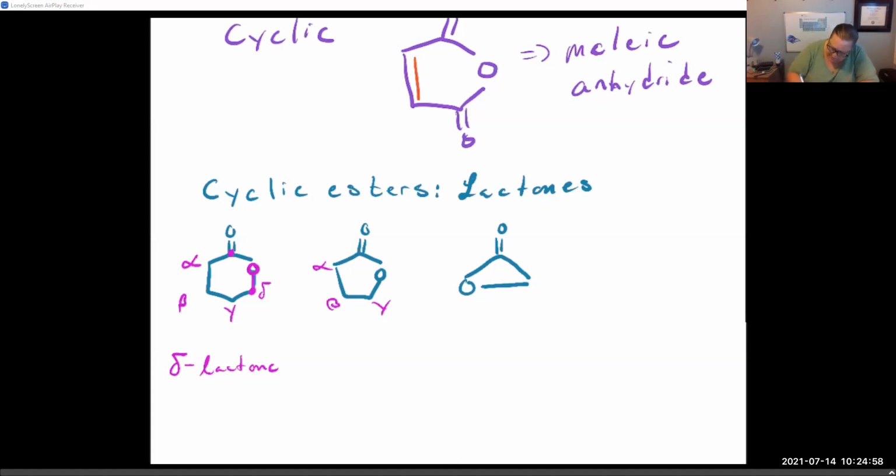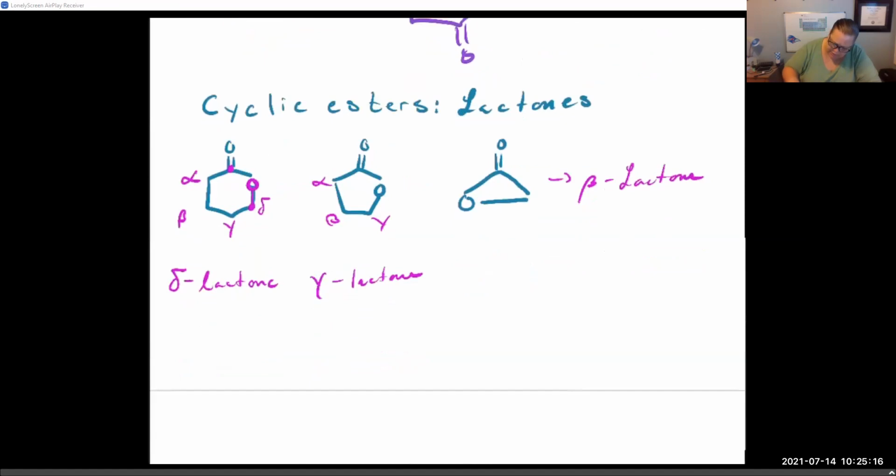Basically all this tells you is the size of the ring making up the lactone. And of course this one would be what? This one would be a beta lactone. And so we also have cyclic amides.